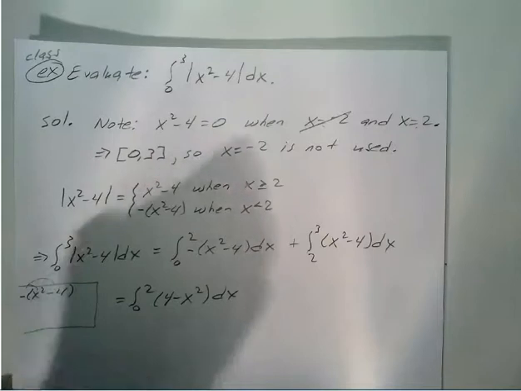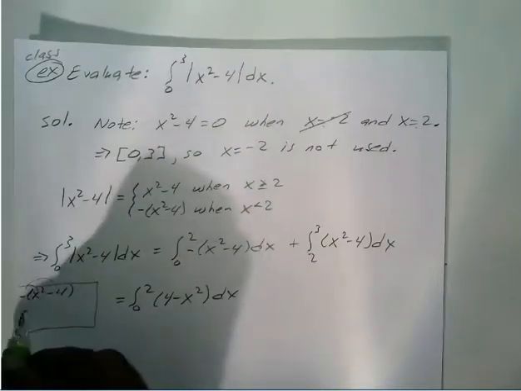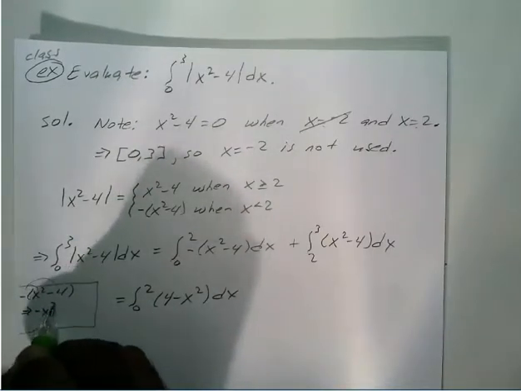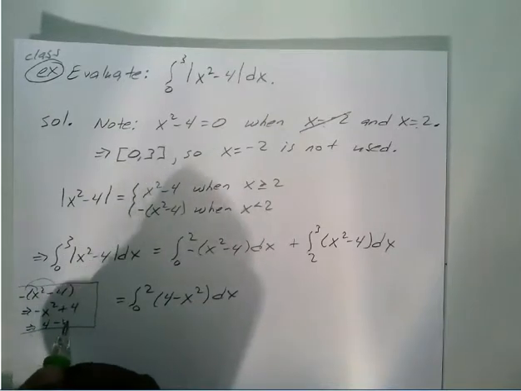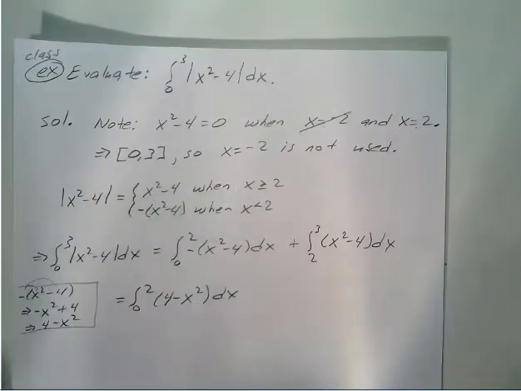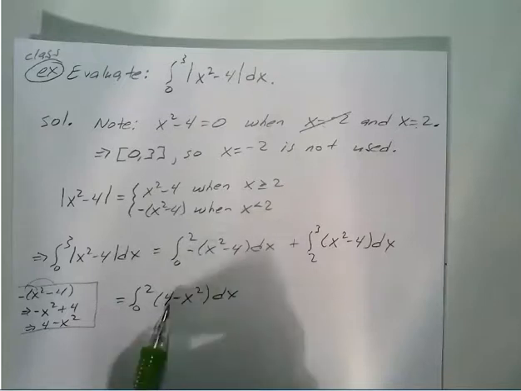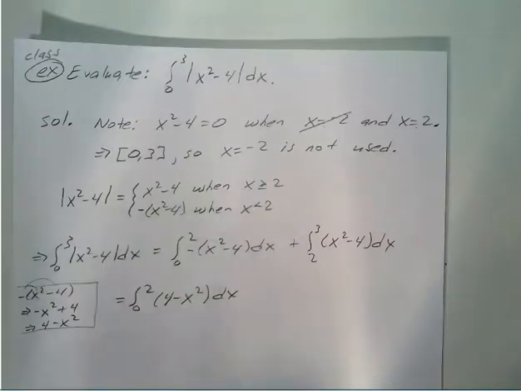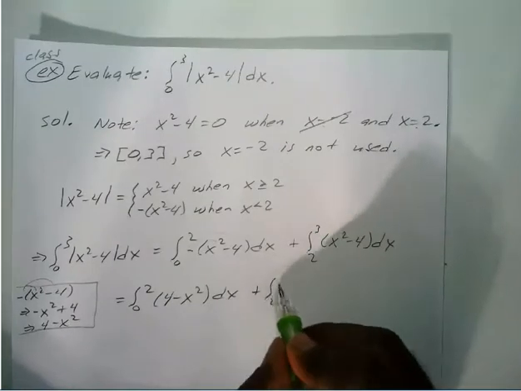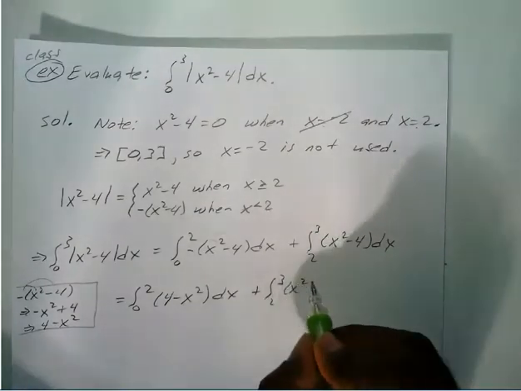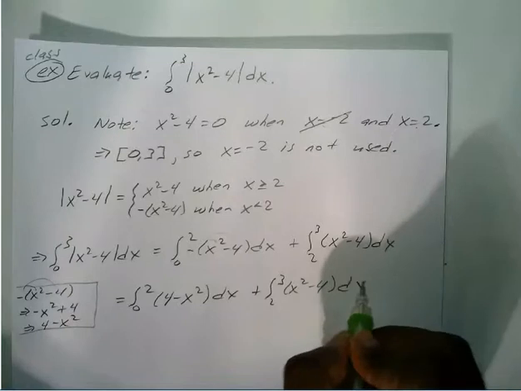We distributed that, so that became negative x squared plus 4, which I just rewrote as 4 minus x squared. Okay, so that's how that turned into that. Okay, so plus the integral from 2 to 3 of x squared minus 4 with respect to x.